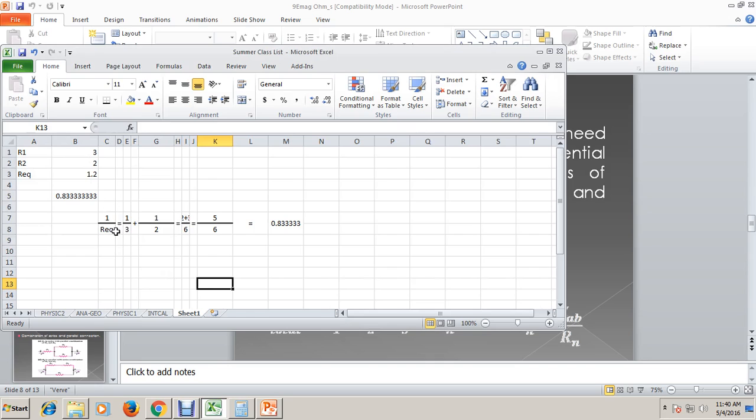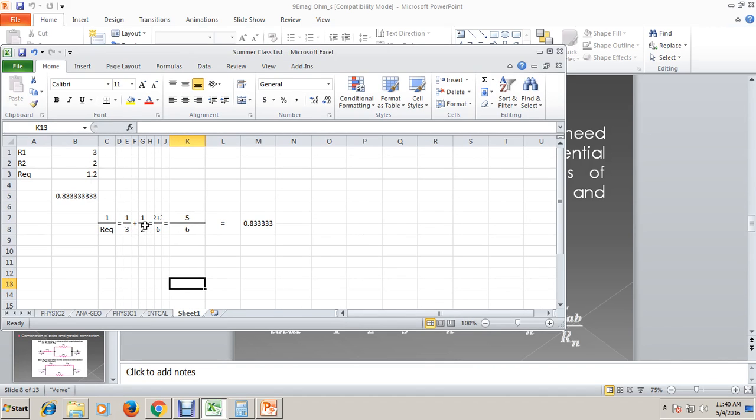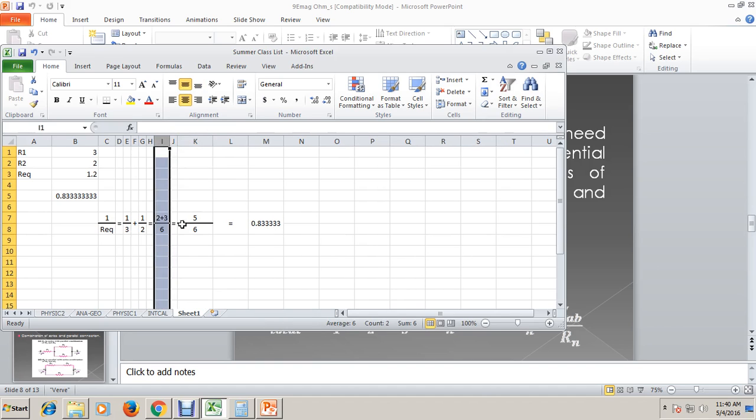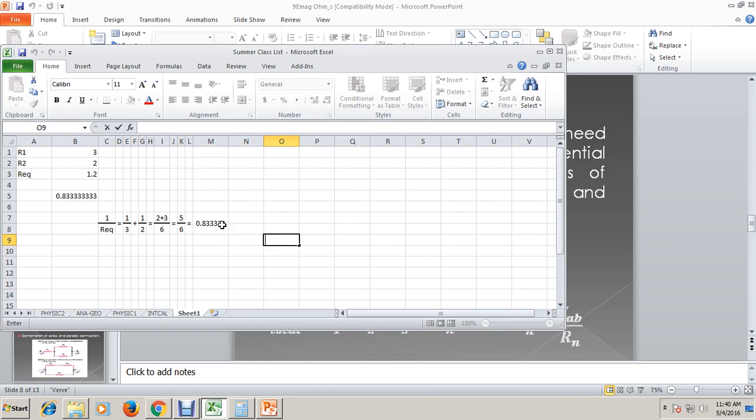So you have 1 over R equivalent equal to 1 over 3 plus 1 half, which is equal to 2 plus 3 over 6, which is 5 over 6, and is equal to 0.8333 and so on.